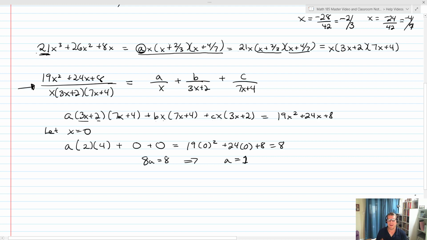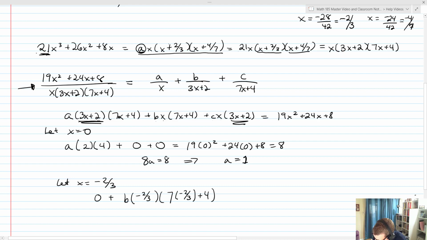Next up, we're going to pick the next root, and that's going to be negative 2/3. So we'll let x equal negative 2/3, and when we do that, this term is going to zero out. All the 3x plus 2's become zeros. So we're left with 0 plus b times negative 2/3 times 7 times negative 2/3 plus 4, plus 0, equals 19 times negative 2/3 squared plus 24 times negative 2/3 plus 8.